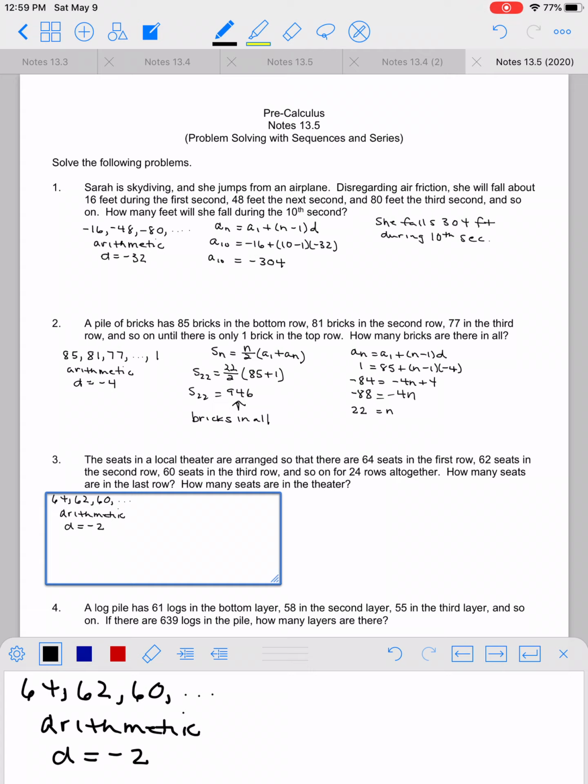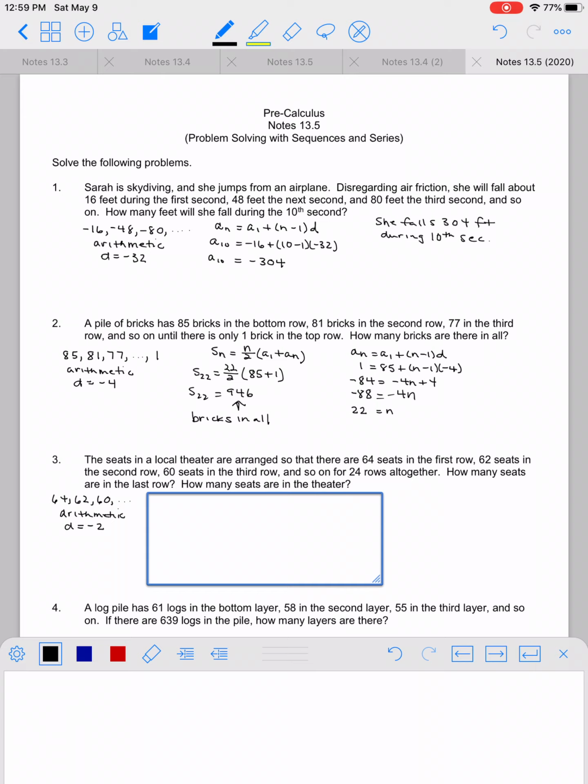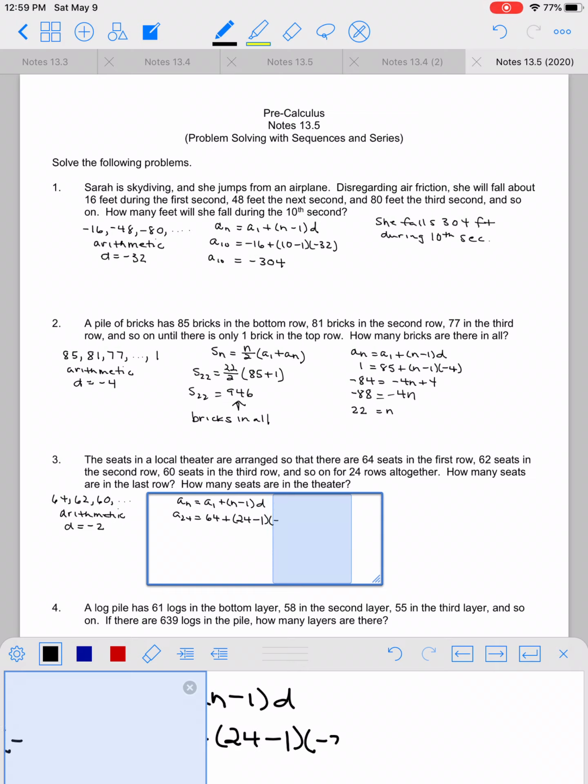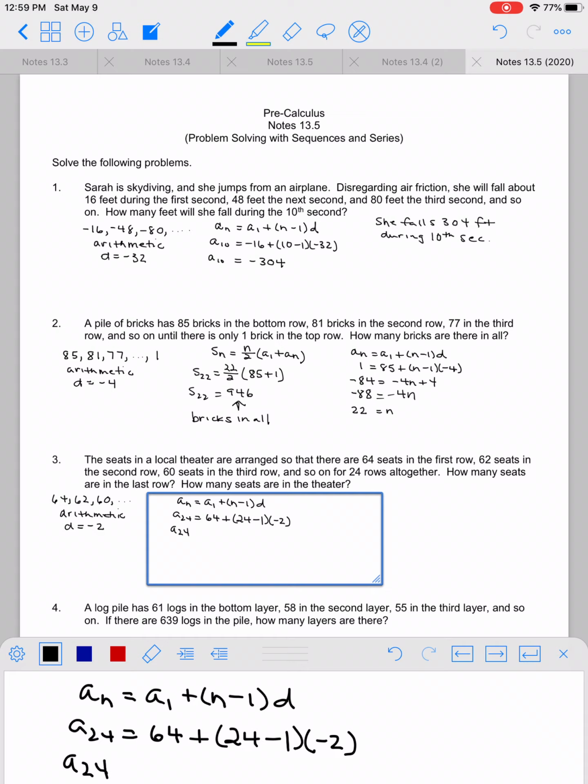It says there are 24 rows altogether. So we're going to start with a sub 1 plus n minus 1 times d. In the 24th row, n is 24, so 64 plus 24 minus 1 times our common difference, -2. That goes right into the calculator. A sub 24 is 18.